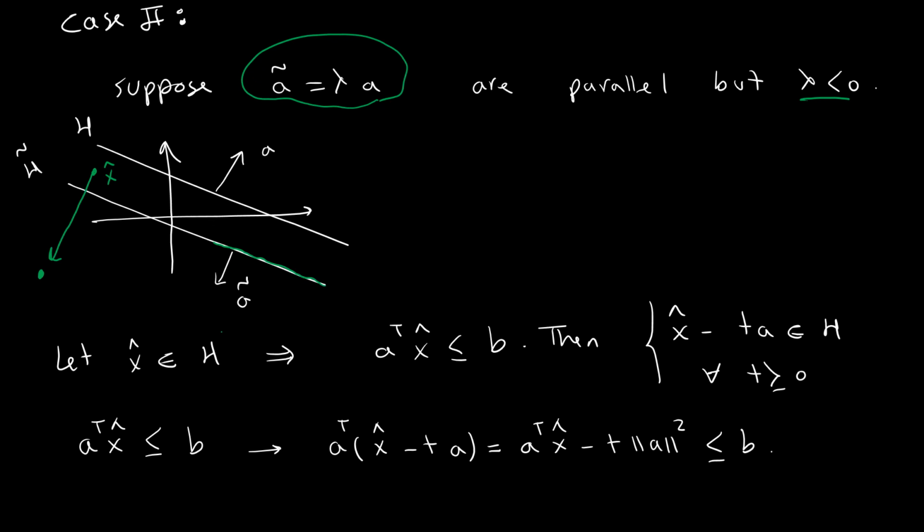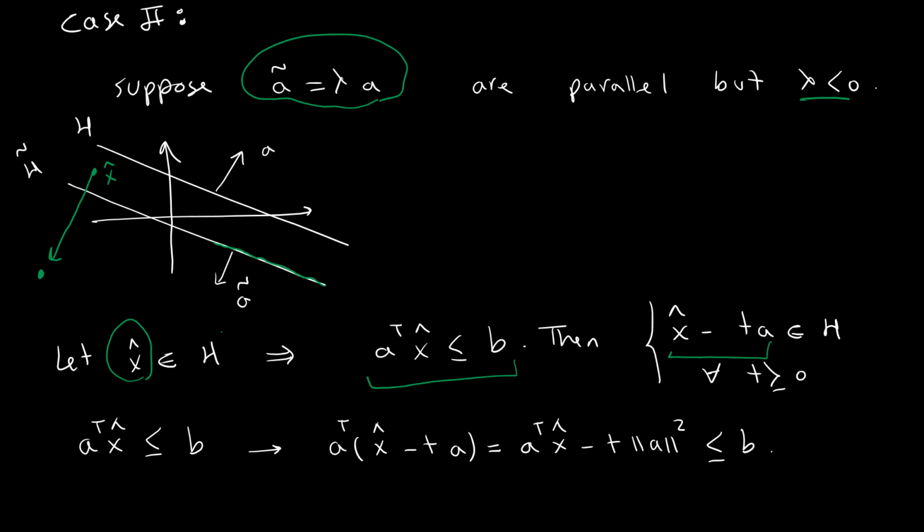So let's take a point x hat in H. Once we have that, we have this inequality. Now pick this point, which is in H for any t greater than 0. Why is this the case?